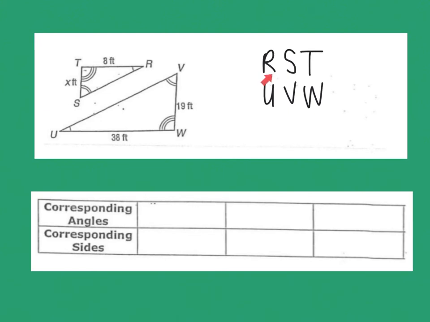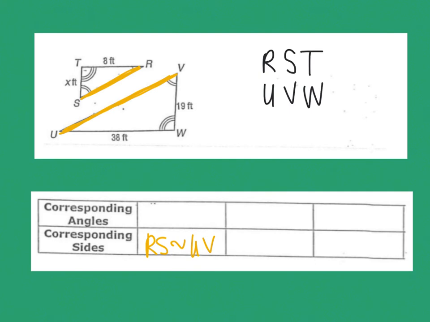My first and second letter, R and S, I can put together. R and S are similar. I'm on sides. They're similar to the first and second letter in this triangle, which are U and V. Now I could go color those. R to S, first and second, are the same as U and V, which are first and second.